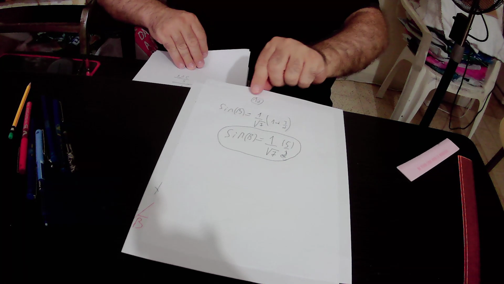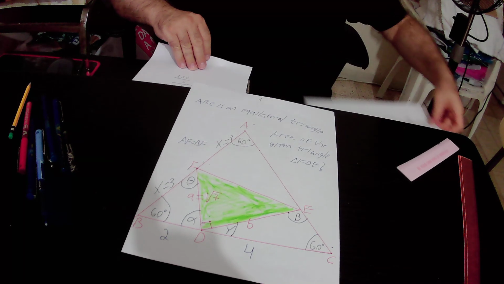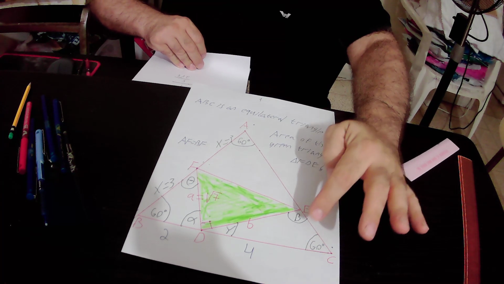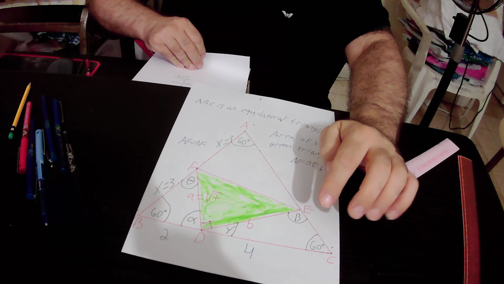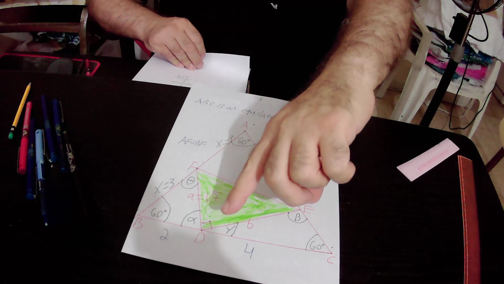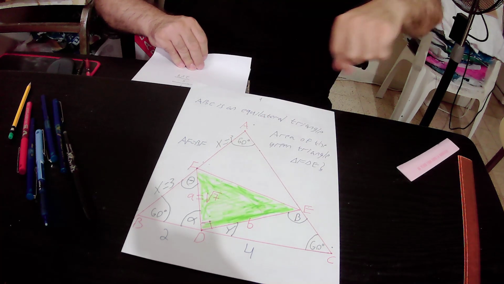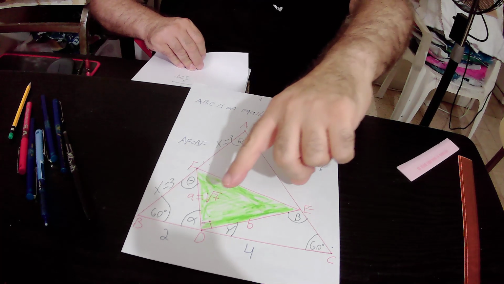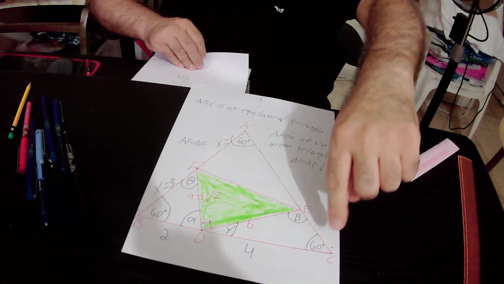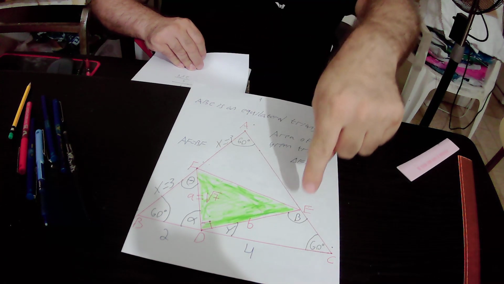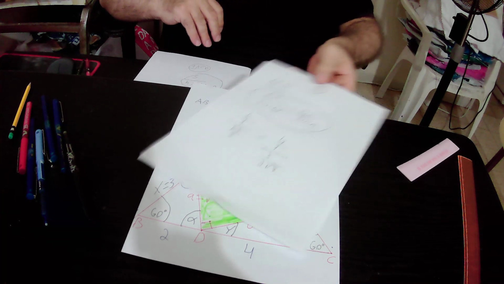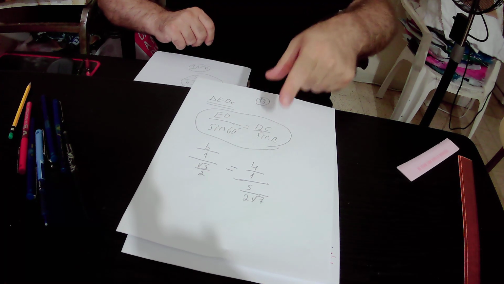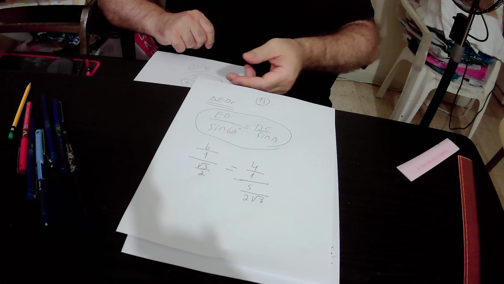After we found the value of sine beta, we implemented the law of sines in triangle EDC in order to find the value of DE, that is B. According to the law of sines in triangle EDC, ED over sine 60 degrees equals DC over sine beta.